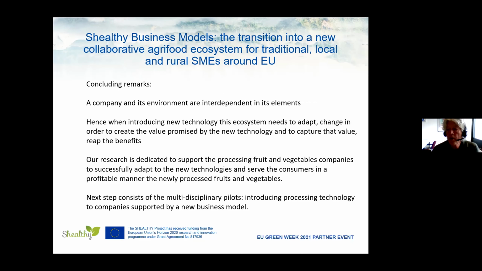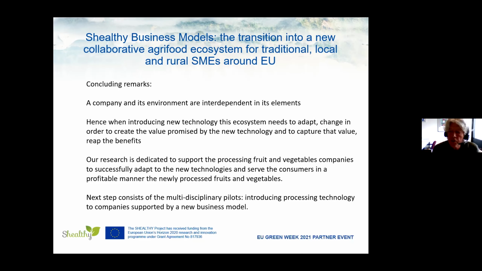So, concluding remarks. Hopefully I made clear that there is an alignment between suppliers, processing companies, customers, consumers, and the internal elements of the different companies. The interdependencies are important when implementing new technology and developing a new business model. So those elements, those processes, the ecosystem needs to be changed.